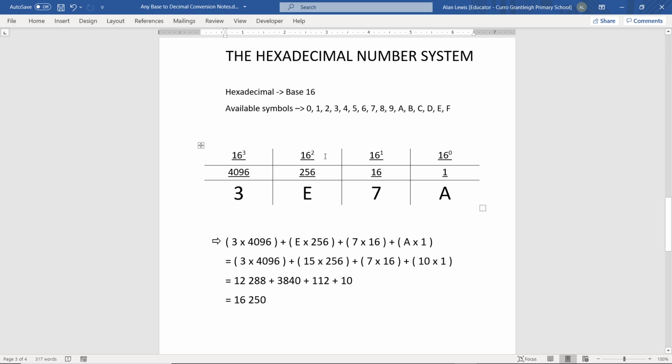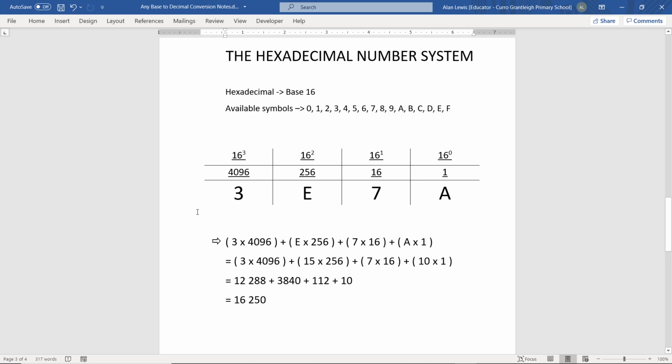Then we've got 16 to the power of 2, which is 16 times 16, gives us 256. Then we've got 16 to the power of 3, which is 16 times 16 times 16, which is 4096. And next to that, we'd have 16 to the power 4, 16 to the power 5, 16 to the power 6, and so on up until infinity, depending on how big the number is that you've got.